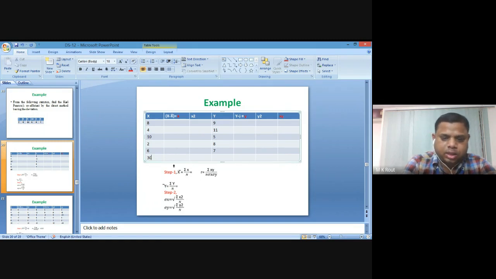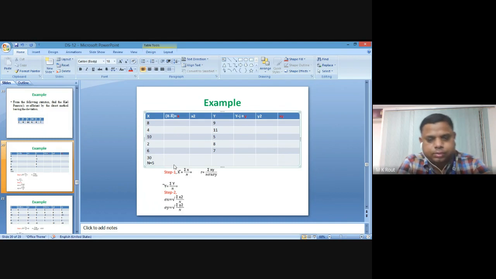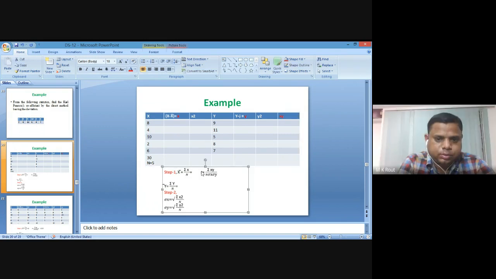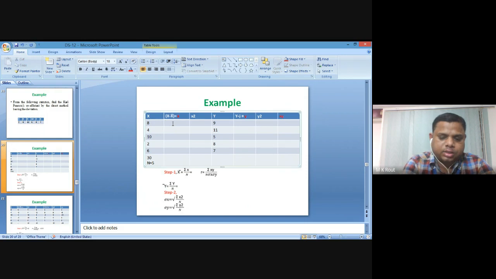I just write here n equals 5. Calculate the x bar. What is the value of x bar? 6. That means whenever you calculate small x, in that case, that is 8 minus 6, that equals 2. Is it clear?